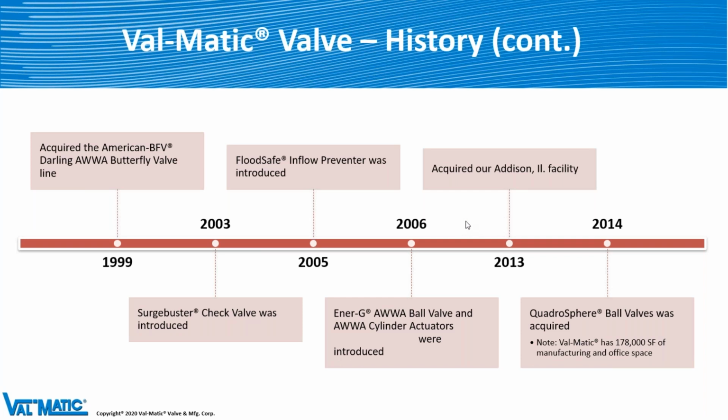In 2013, we acquired another facility in Addison, Illinois, about 7 miles from Elmhurst, for larger valves. Elmhurst does anything up to 36-inch size, and Addison does anything over 36-inch. Then in 2014, our last acquisition was the Quadrisphere ball valve.